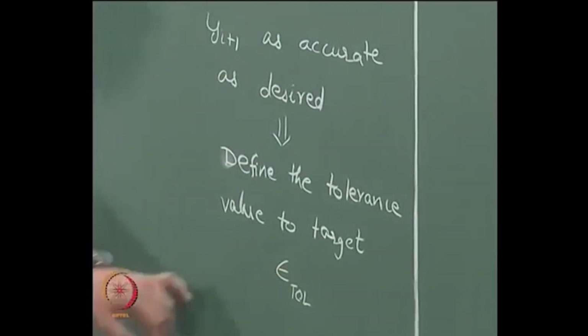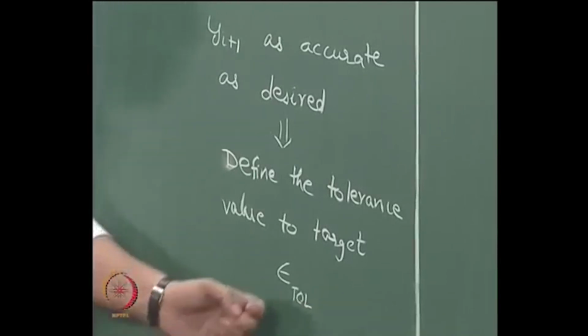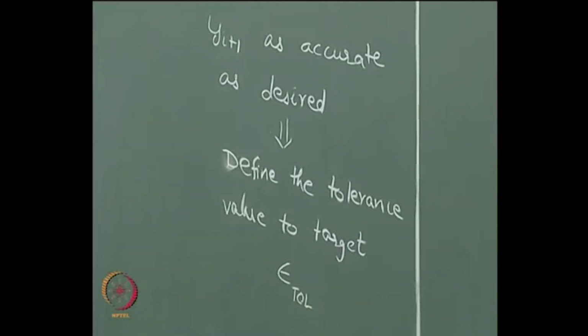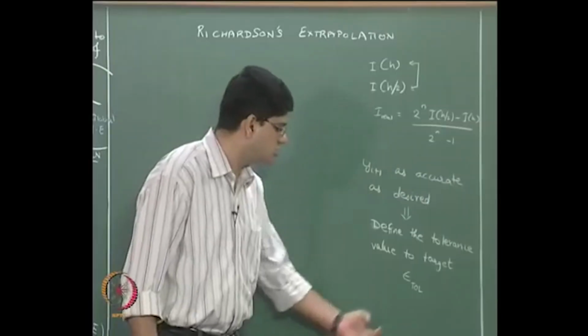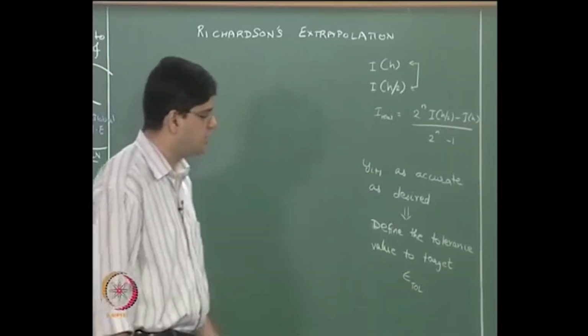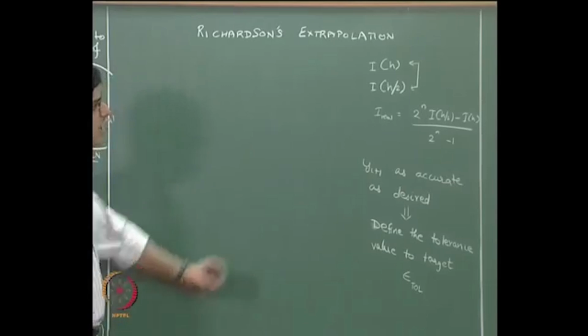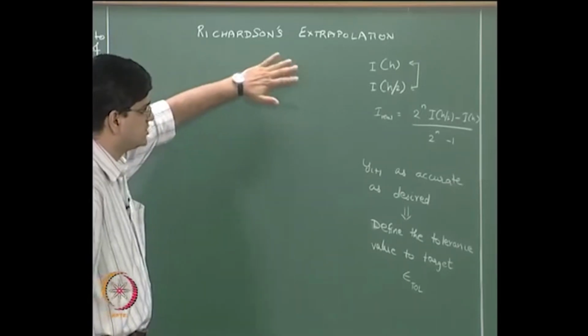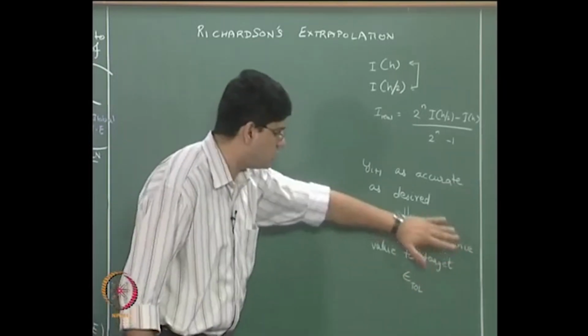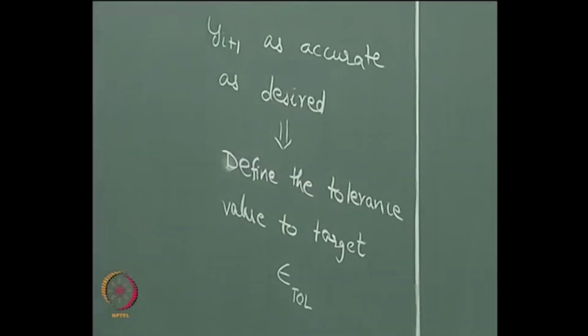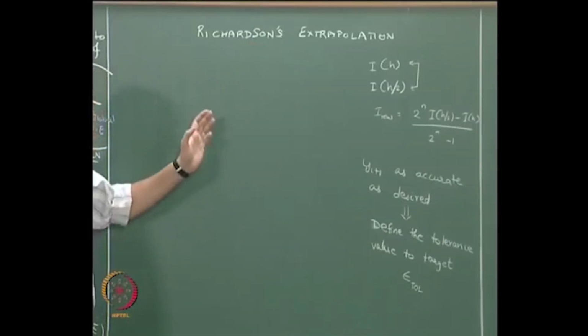And we will call this, as we have been doing in the past, epsilon tol, that is the desired tolerance value or desired error value that we will give. Now, before talking about this particular tolerance value and so on, we will go over Richardson's extrapolation.